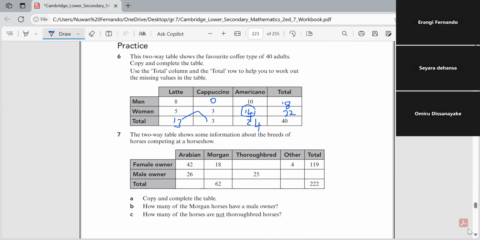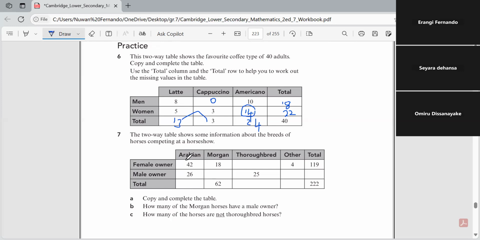They have given the details. What you want to do is copy and complete the table. How many Morgan horses have a male owner? How many of the horses are not thoroughbred horses? Right. Okay. We'll start. Where to start?